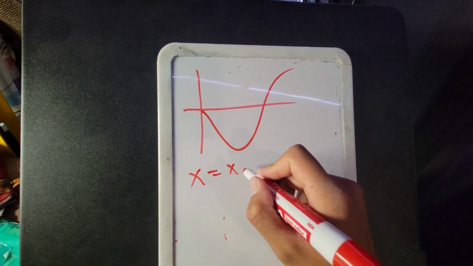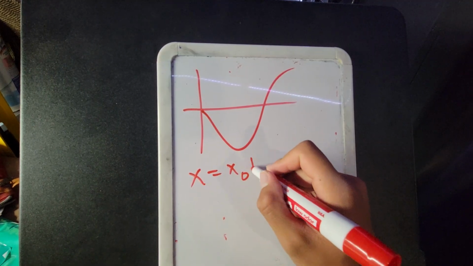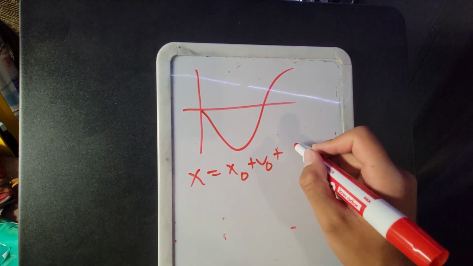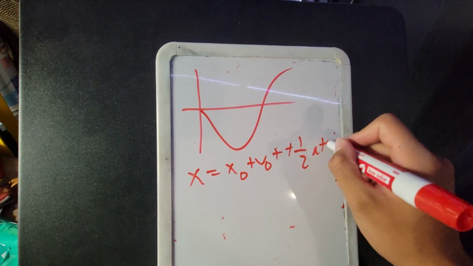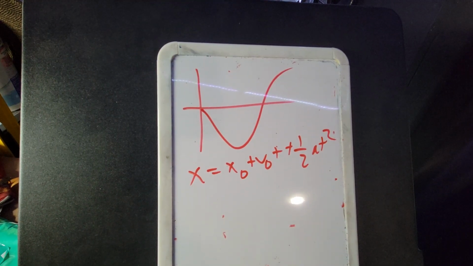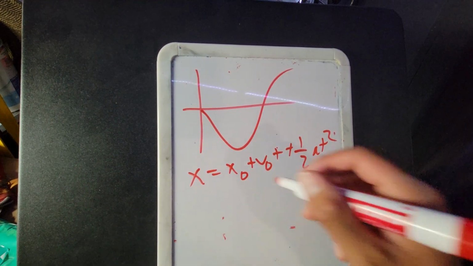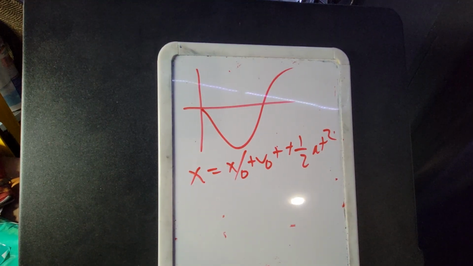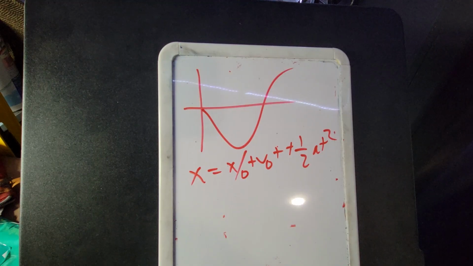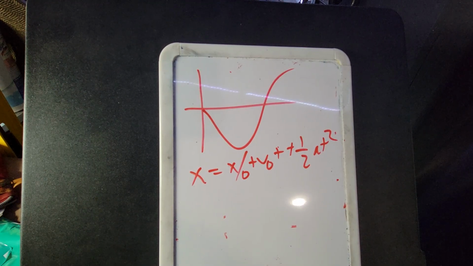So using the displacement formula, we get x equals x0 plus v0 t plus 1/2 a t squared. Initial displacement is 0, so we can cross that out. So v0 t. Acceleration, I'm pretty sure, would also be 0.